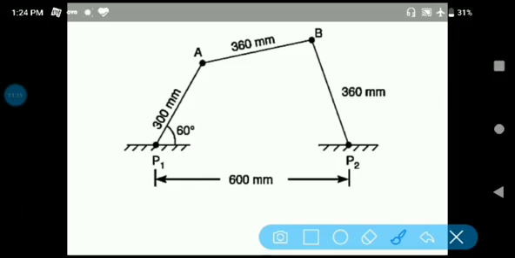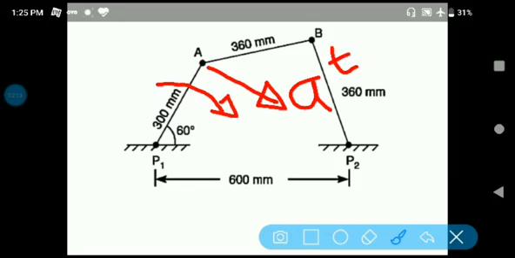In the question, the angular acceleration is given as directed in the clockwise direction. That means the tangential component of acceleration of point A relative to P1 will be directed perpendicular to link AP1 and in the downward direction. Okay, so this direction indicates the tangential component of acceleration of point A relative to P1.